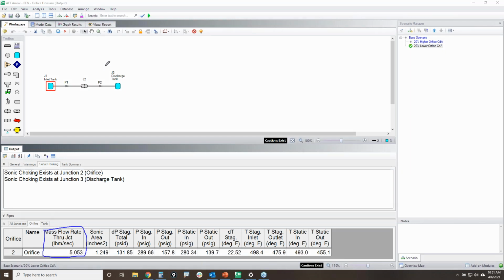You can't drop the downstream pressure once you're choked to get more flow. You might be able to play with the CDA value a little bit, but ultimately, if you want more flow in your system, try increasing the supply pressure, and that can help you with that.